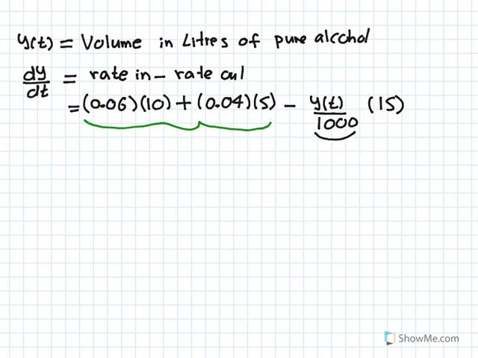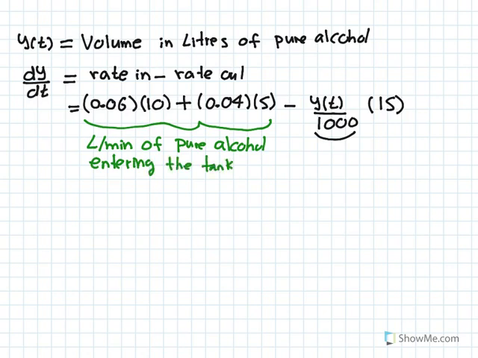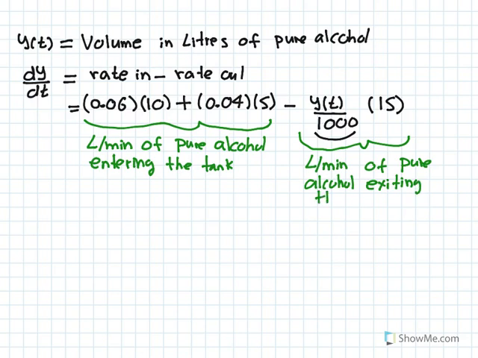All of this is the rate in, the liters per minute of pure alcohol entering the tank. This part is the liters per minute of pure alcohol exiting the tank. Rate in minus rate out.